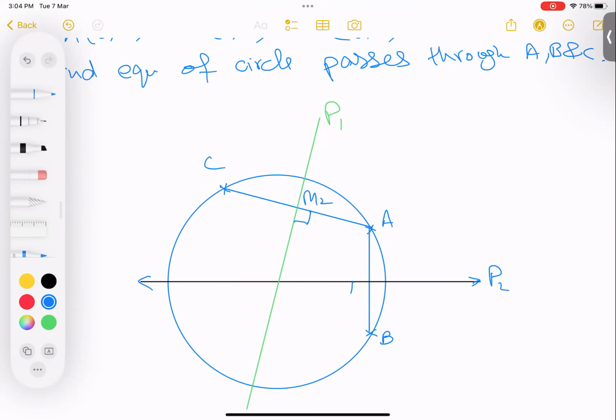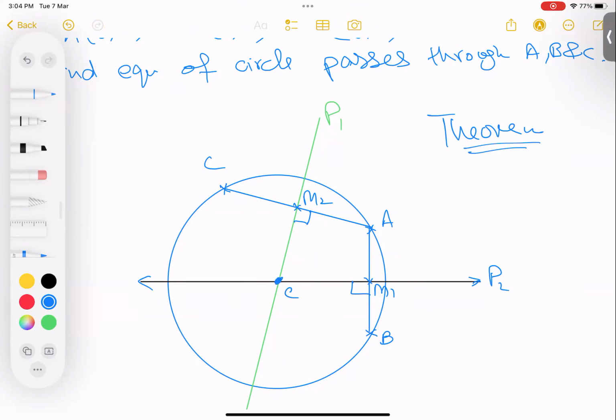So what theorem do we have? A theorem says that whenever two perpendicular bisectors intersect, we always get the center of the circle.